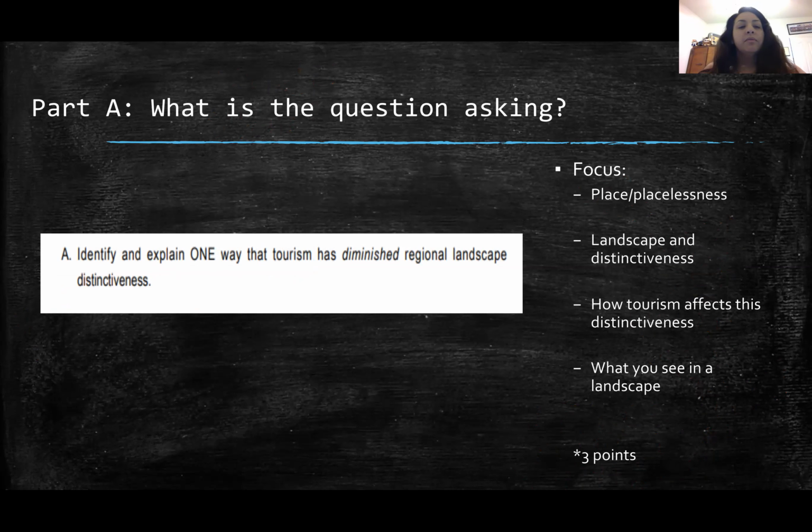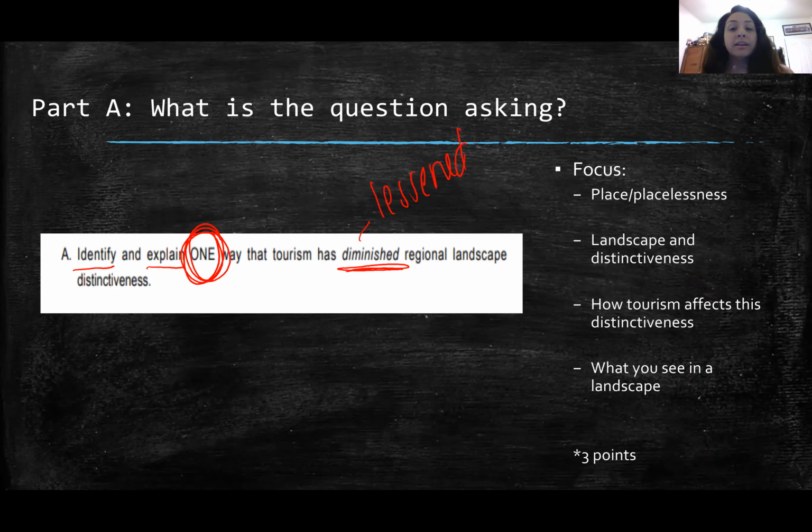So part A, ask yourself, what the heck do they want, right? Remember, you've got identify and explain one way that tourism has diminished the regional landscape distinctiveness. Okay, so when we say diminished, we're talking about how it's lessened.